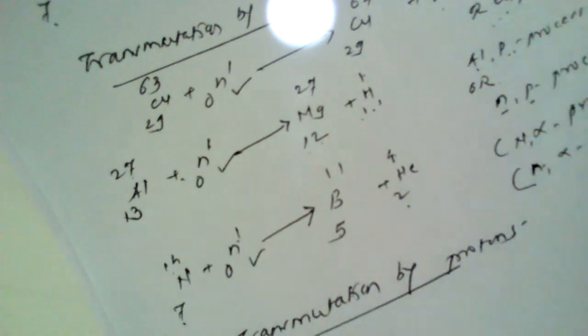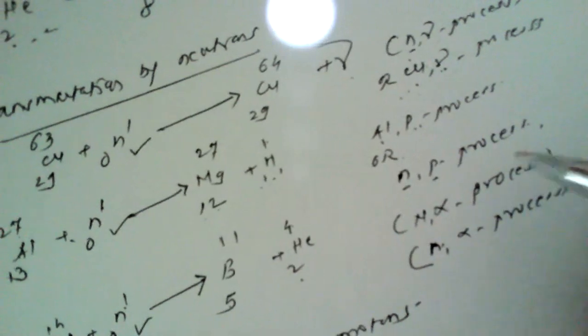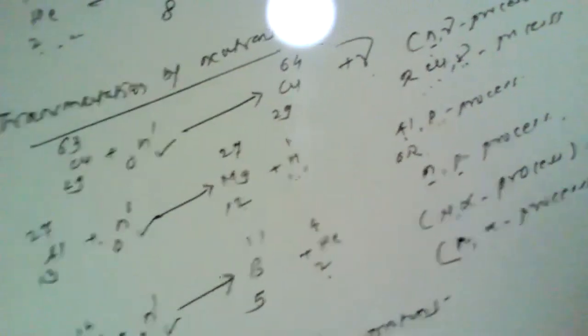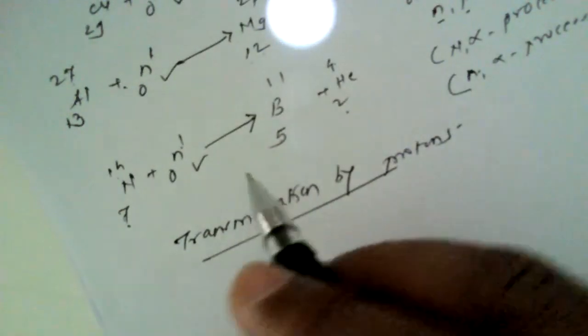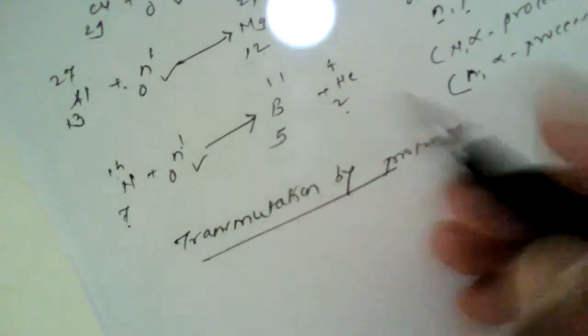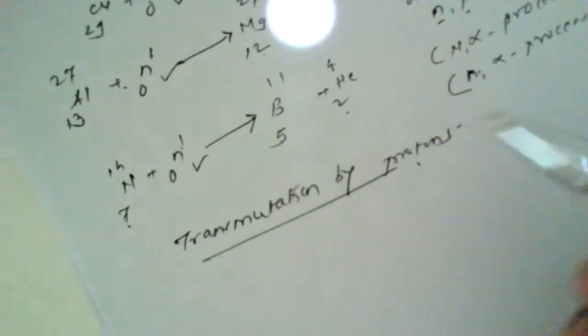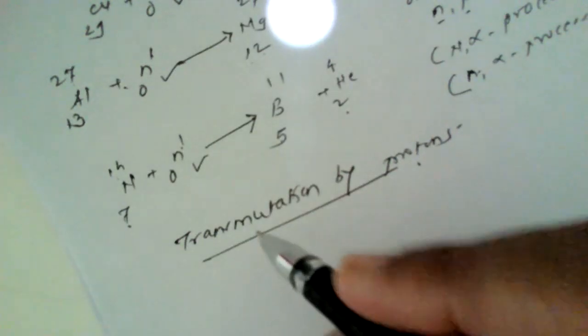If you remember these parameters, then it is very easy to remember all these reactions. I am telling so many times. Now the artificial transmutation or artificial disintegration that we have to carry out with the help of protons. We have completed the alpha particles, then the neutrons, now the protons.